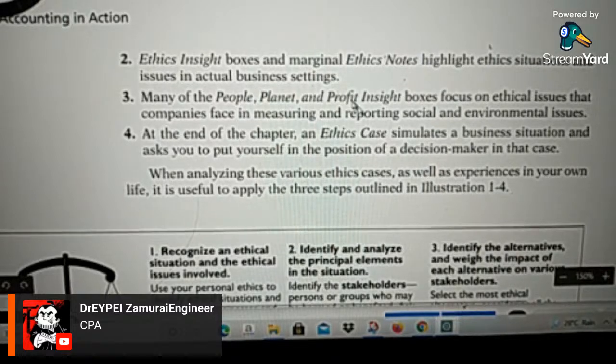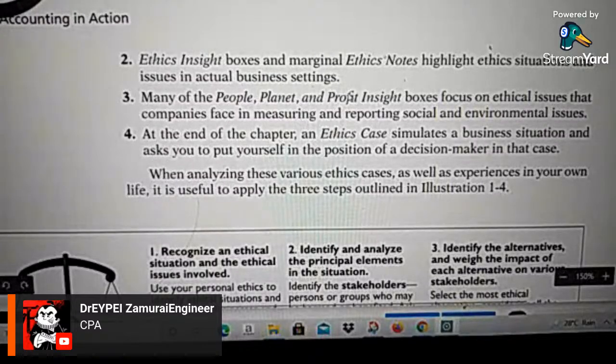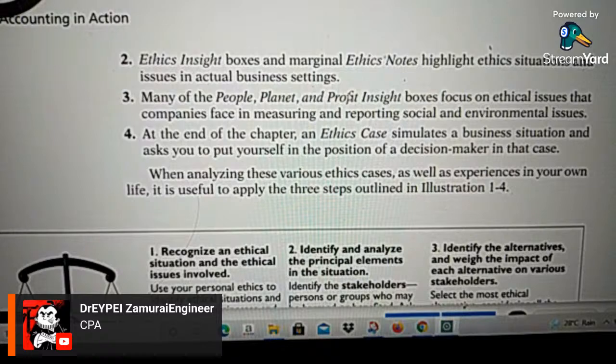Profit. Another terminology. Profit is a type of income that is positive to the company. If your income is a loss, there are two types. When you are recording income, profit and loss, what you can record there is the income. Income is an account title, an account name.